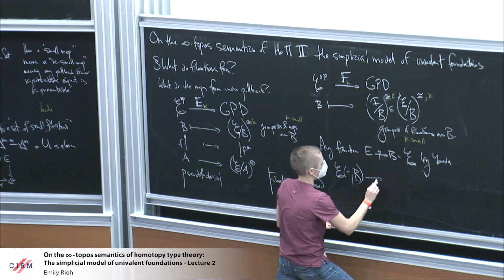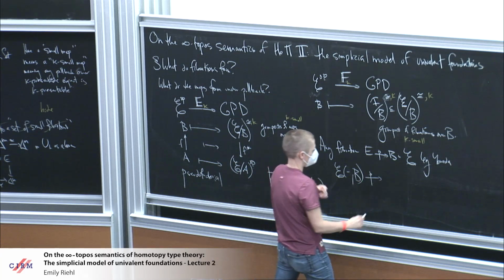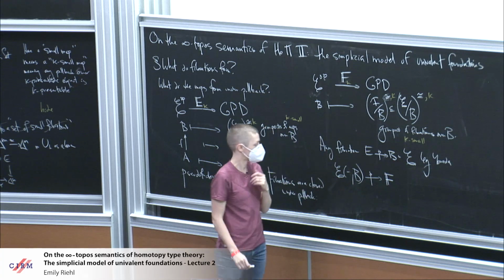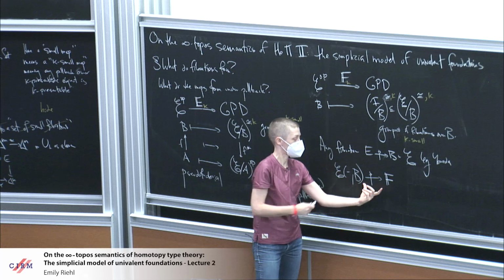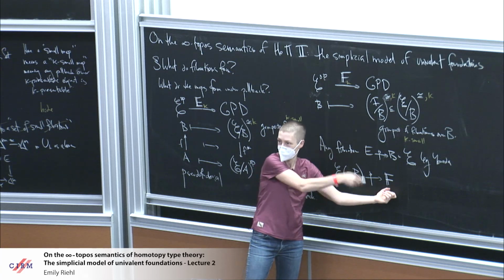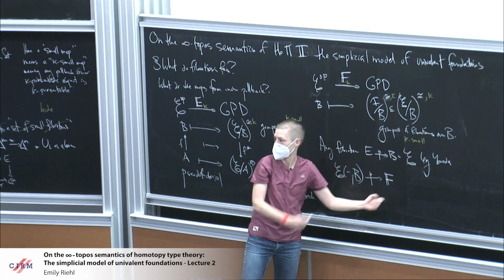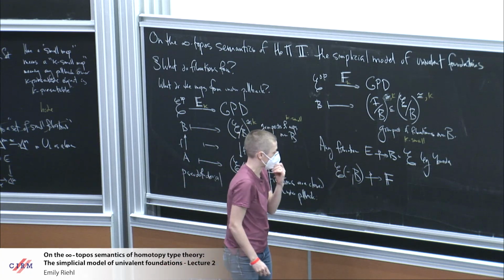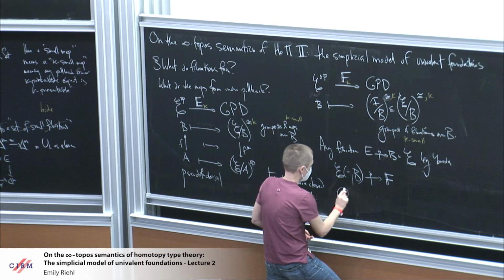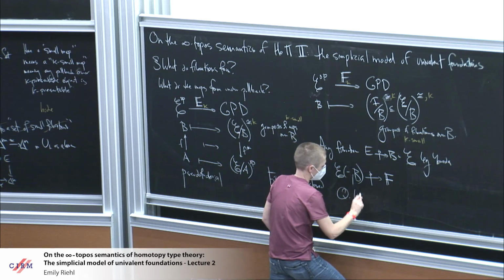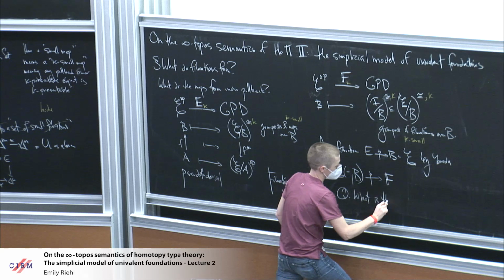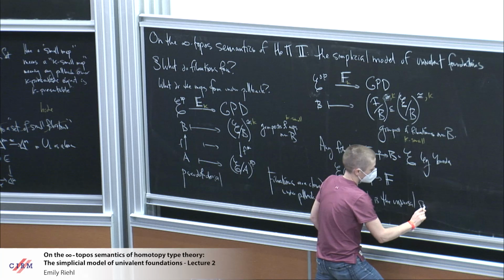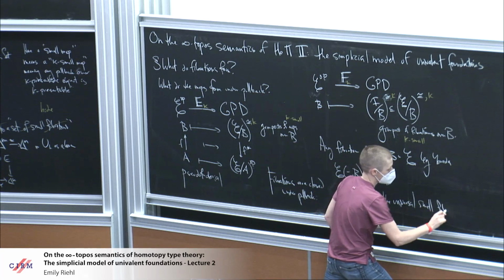And what Yoneda says is that there is a unique pseudo-natural transformation from here to this functor. By the Yoneda lemma, such a thing corresponds to an element in this groupoid over B, namely P. So by Yoneda, I have a natural transformation like this. And now this is building towards the question: what is then the universal fibration? Or, to be a little more precise, the universal small fibration?